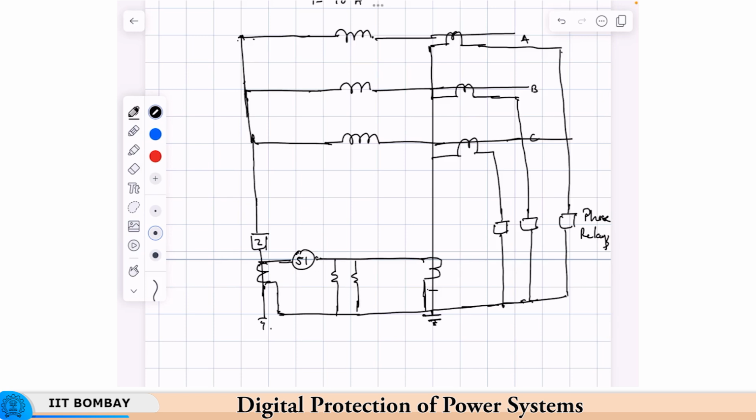And the 3I fault current, say I am just labeling it as I, will flow like this, and if this is a dot convention, let us assume that it is flowing like this. So, you will have a current flowing here, and since this 3I will go through here and this convention is like this, you will have 87 G or OG.